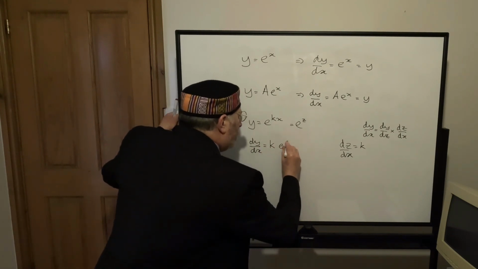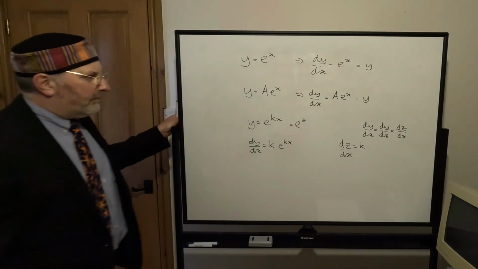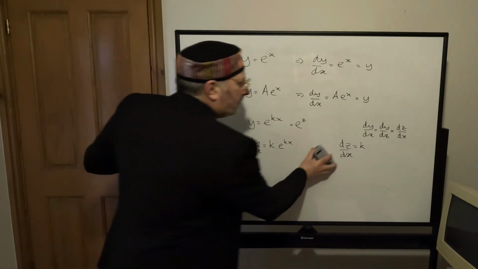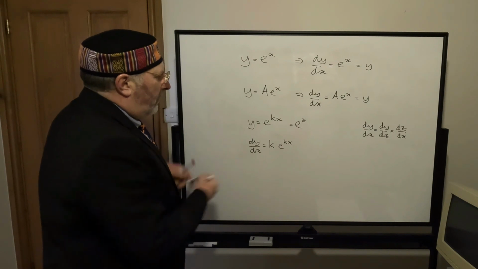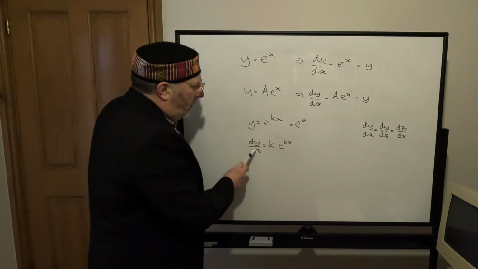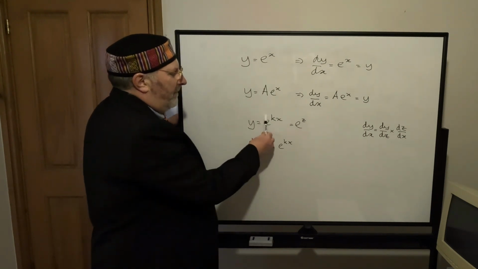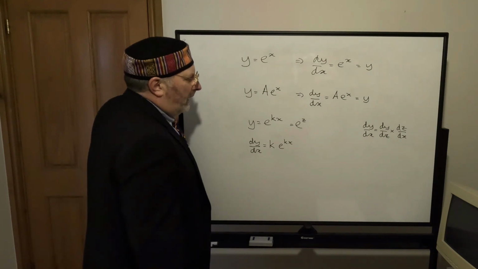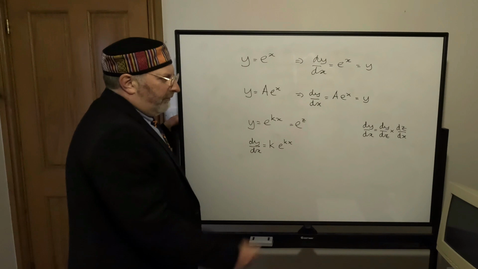So it's k times e to the kx. So if y equals e to the kx, dy by dx equals k times e to the kx. So we think of it as we bring the k down in front. And we use the chain rule for that.